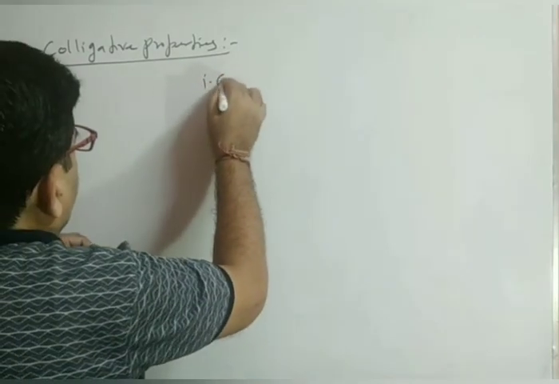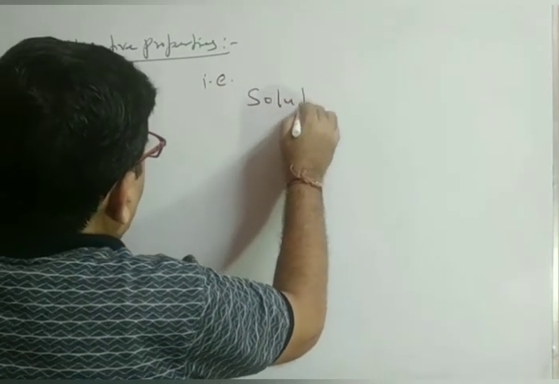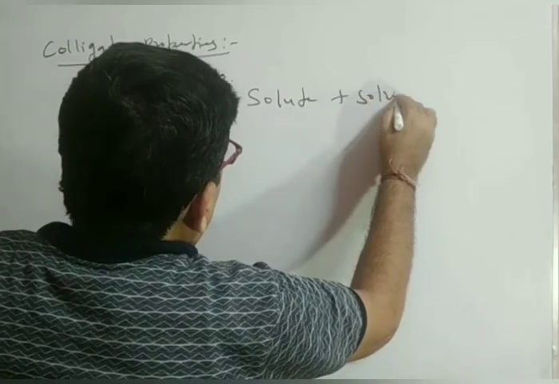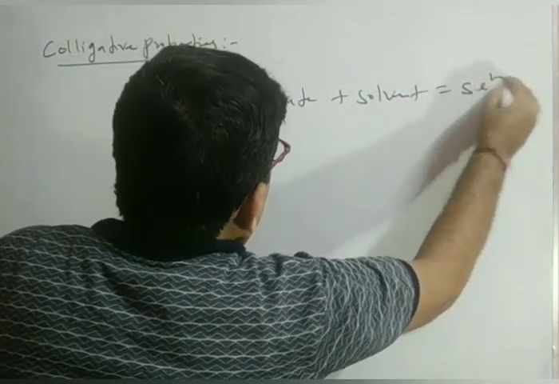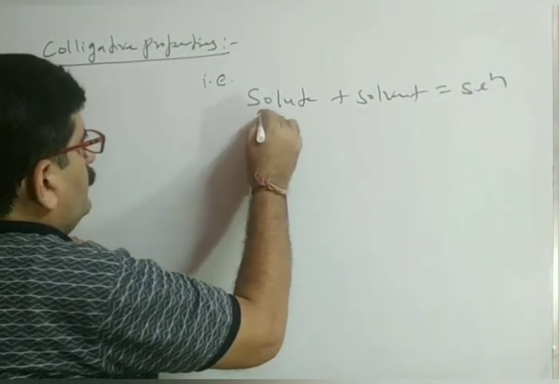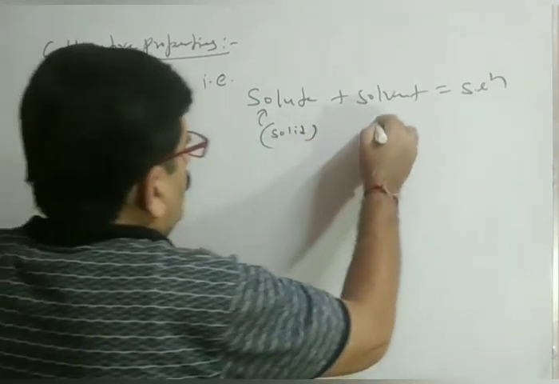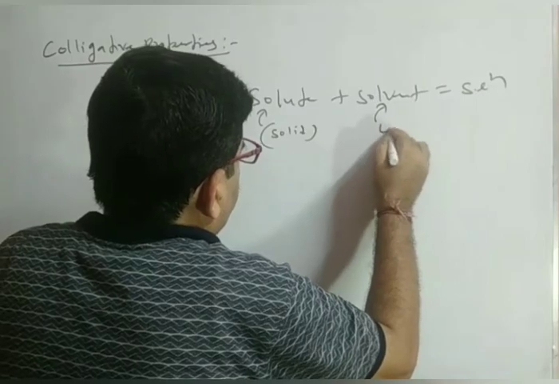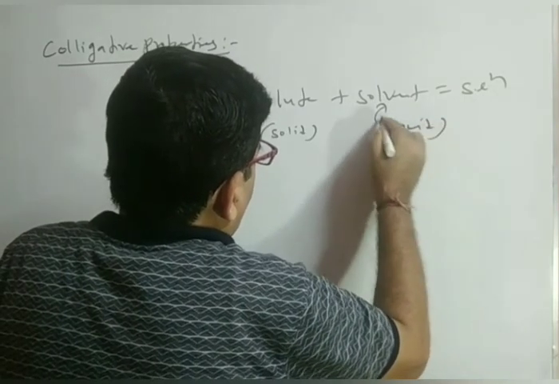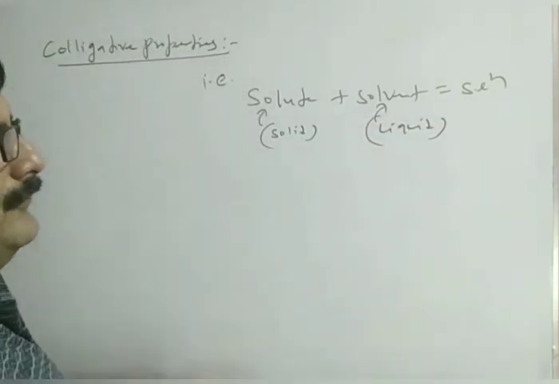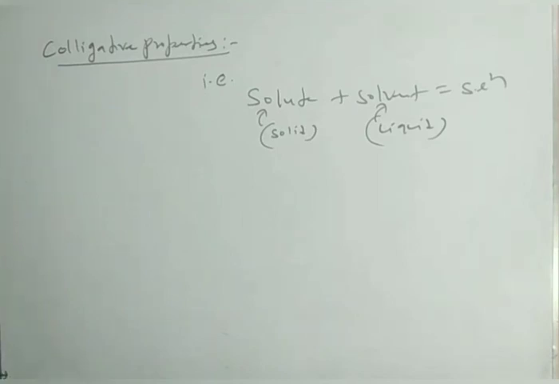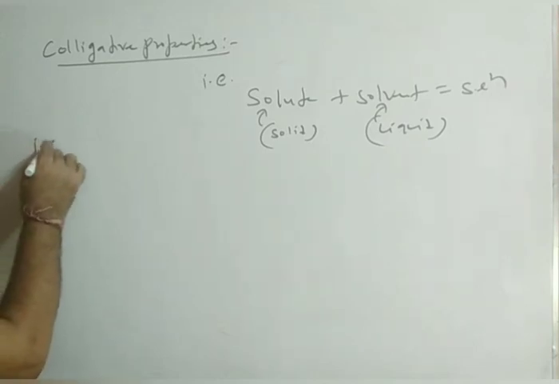Suppose we consider a solution, that is solute plus solvent to form a solution, solute always exists in solid state and solvent in liquid state, means solid plus liquid solution is always considered in our colligative properties. 4 colligative properties are well known.